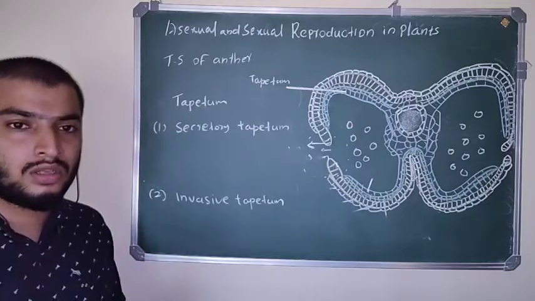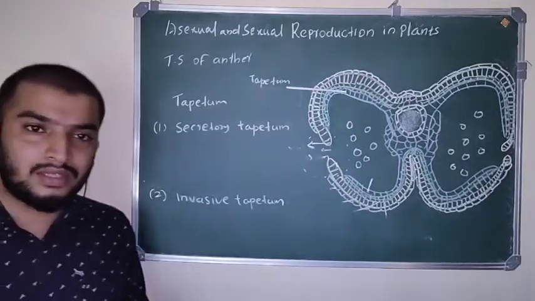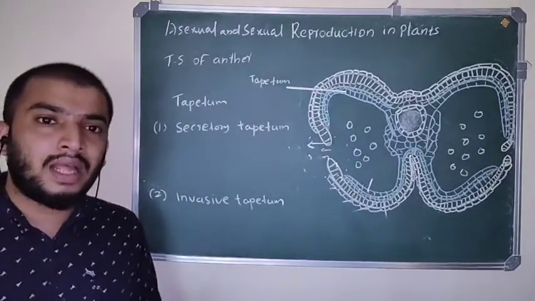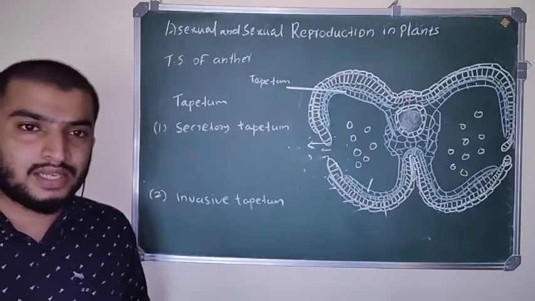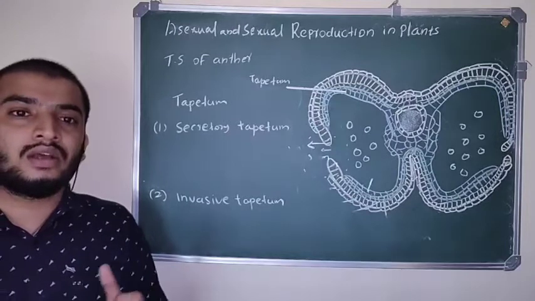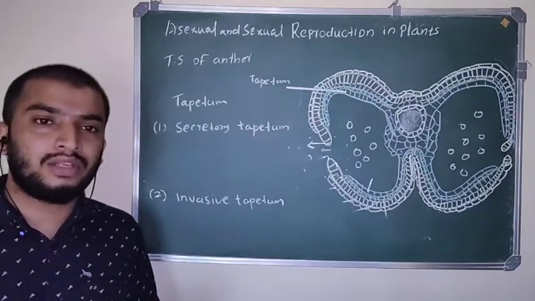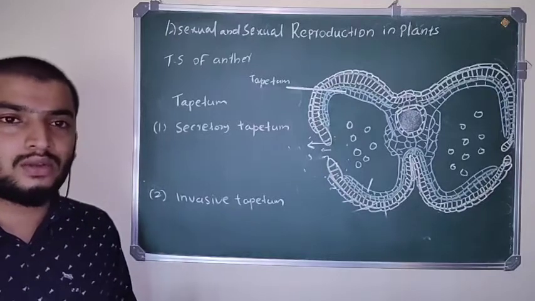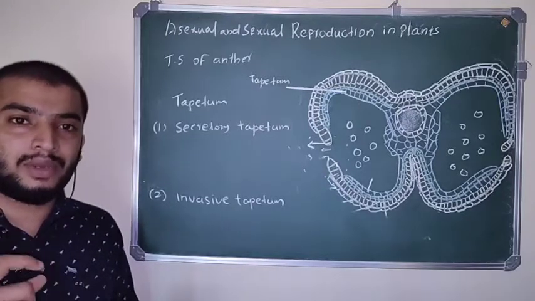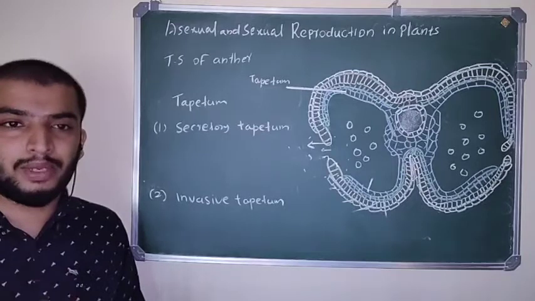You understood? So secretory tapetum means the tapetum maintains its cell integrity, does not break its cells, and nourishes the microspores, pollen grains and mother cells. Those are called secretory tapetum.